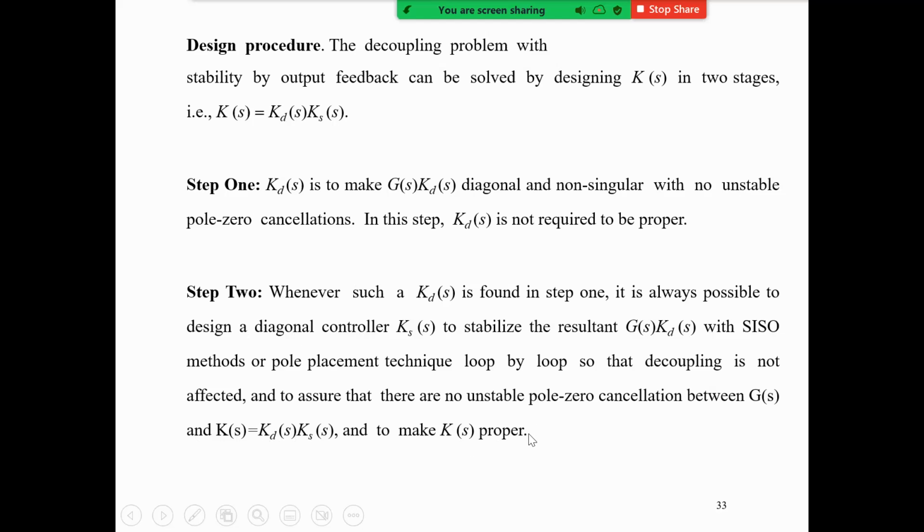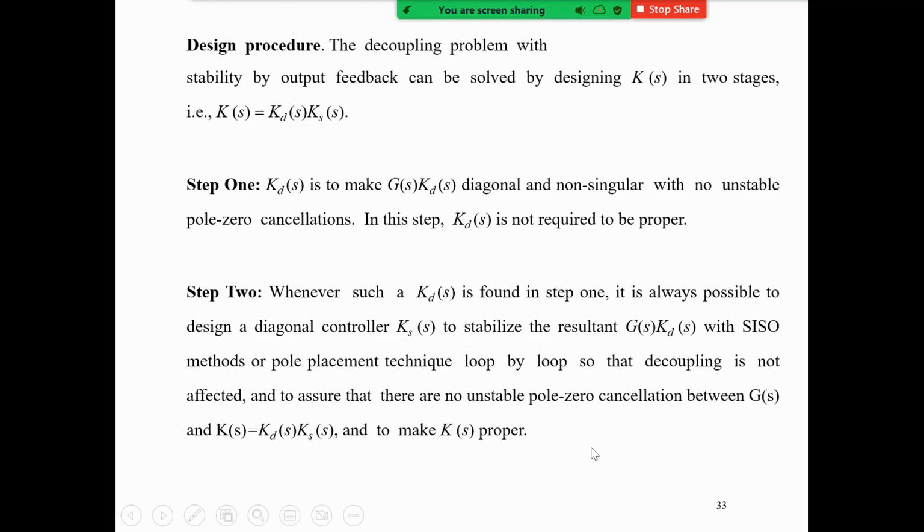There are two conditions you try to check to make sure that your design is correct. The first one, the final answer K is proper. The second one, make sure there are no unstable pole zero cancellations between G and K. If there are unstable pole zero cancellations, of course, you will be in trouble.